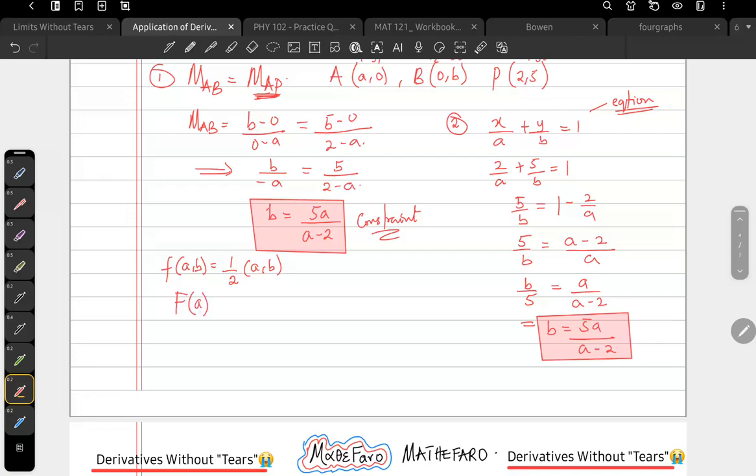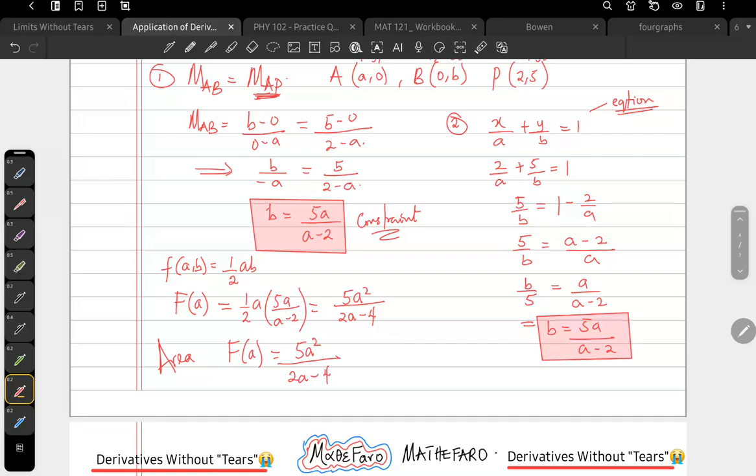When we substitute 5a over a minus 2 for b, we have half times a times 5a over a minus 2, which is equal to 5a squared over 2a minus 4. Now this is the area of the triangle that we want to minimize.